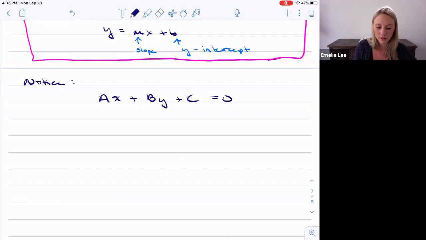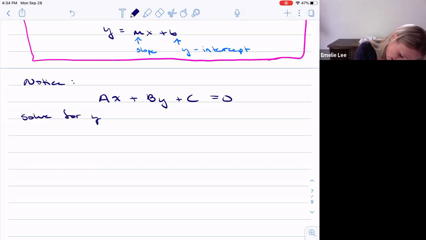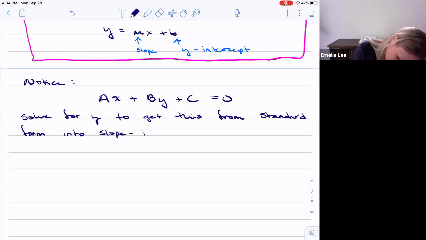With a little bit of work, solve for y to get this from standard form into slope-intercept form.